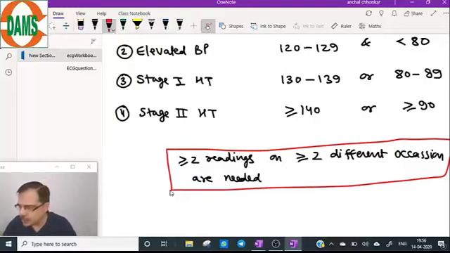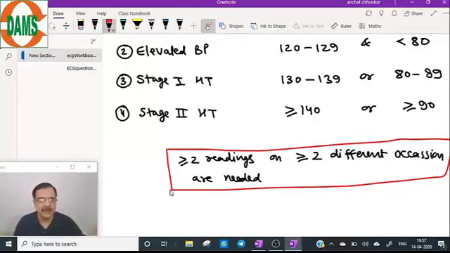Now understand this clinically, because hypertension cases are very high in number.